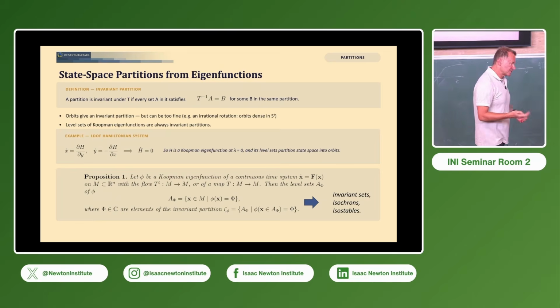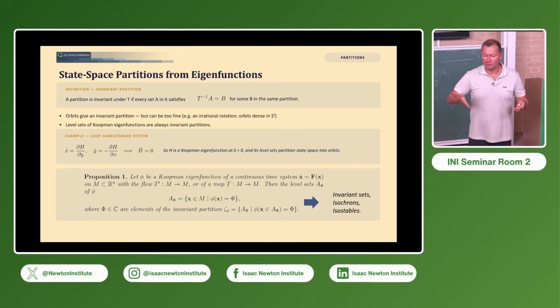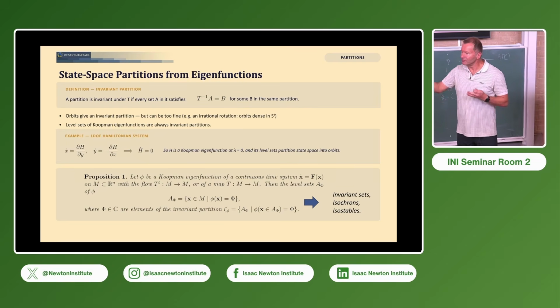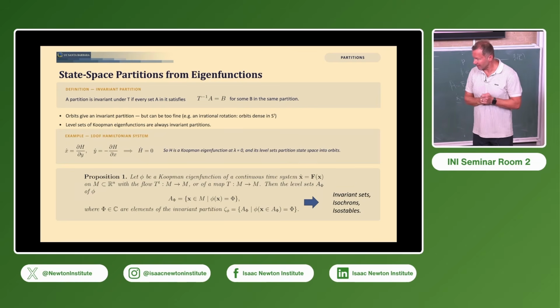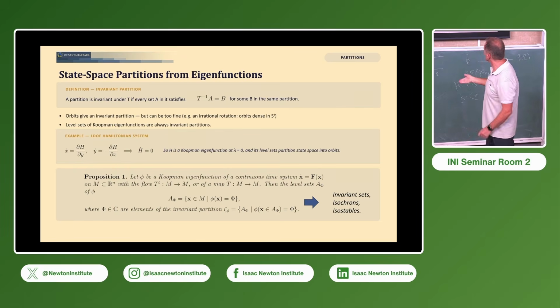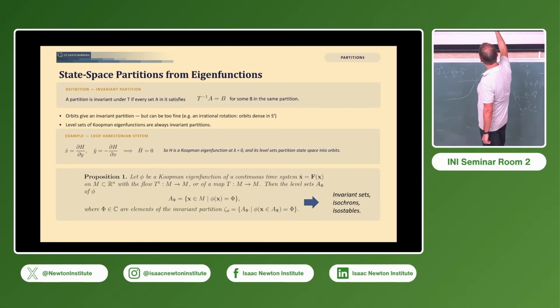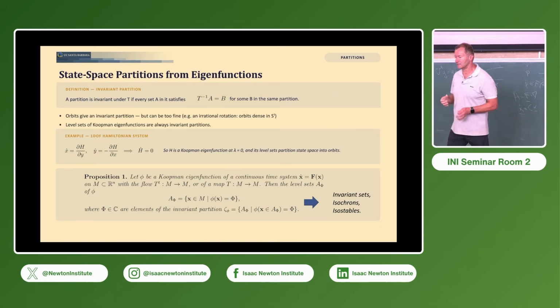A partition is just a partition of state space into sets, right? An invariant partition is partitioned into sets that are invariant under dynamics. So if you're in a measurable context, if you had some set B in the partition and T inverse of A is B, for every set A, you have to have the relationship that T inverse of A is B and B is in the same partition.